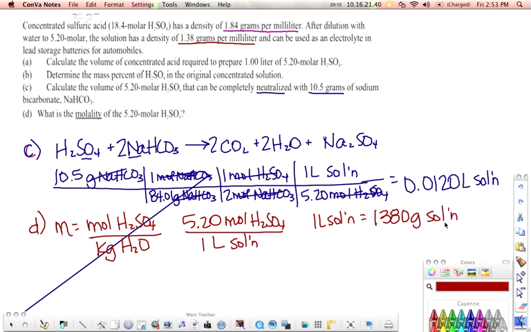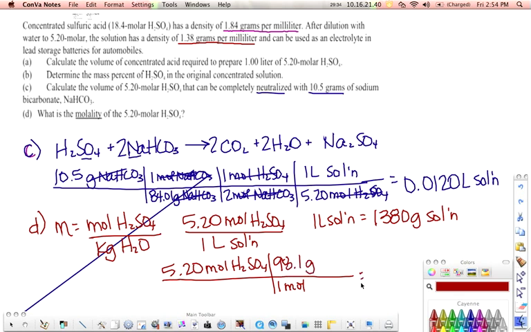Then I can figure out exactly what mass this 5.2 moles of H2SO4 has, using every mole has a mass of 98.1 grams. And that works out to 510 grams of H2SO4.